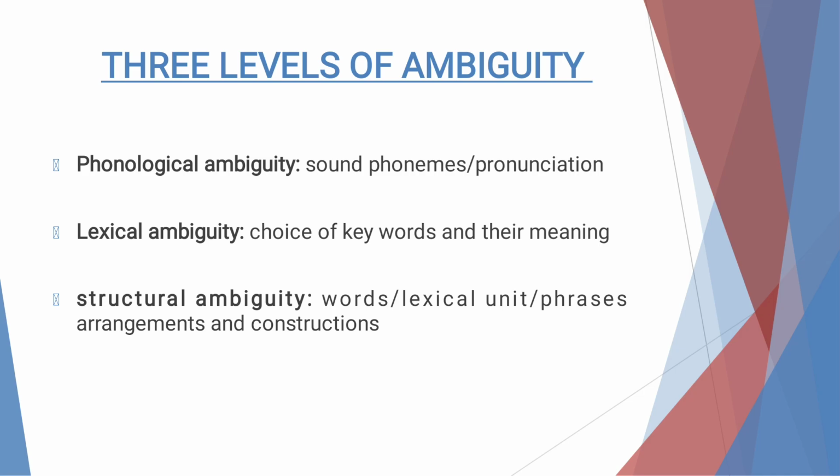But when you bring all these keywords together and you get a sentence, and at the end of the day the entire sentence is misleading, then you get what's called structural ambiguity. It means that there's a problem with the words or a group of lexical units or phrases, their arrangement and their constructions. Lexical talks about the keyword itself being misleading. But the structure says that the entire sentence, the arrangement of the sentence, the construction of the sentence is misleading. That is what is called structural ambiguity.